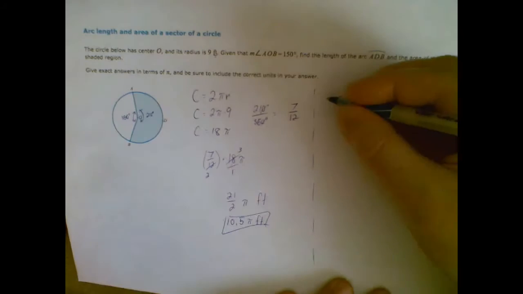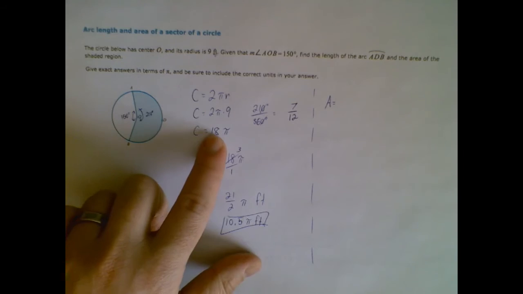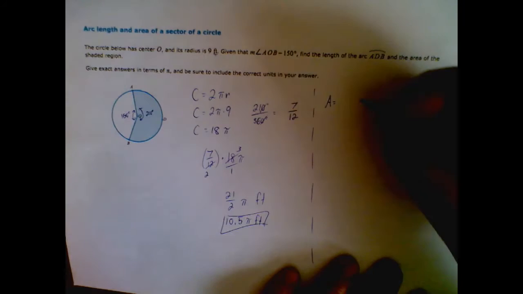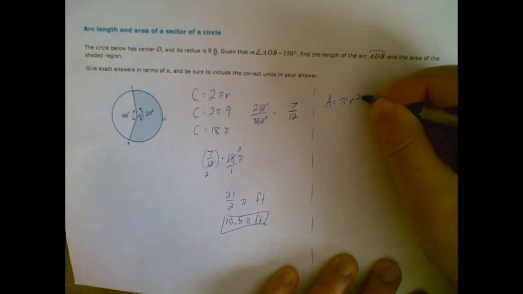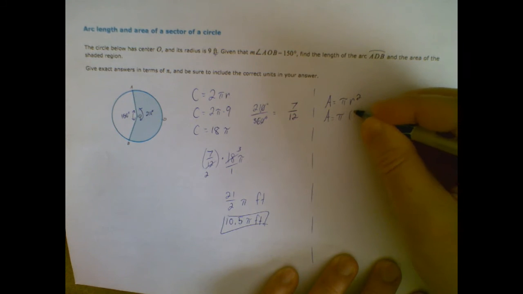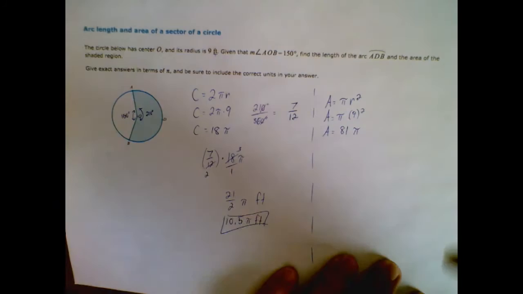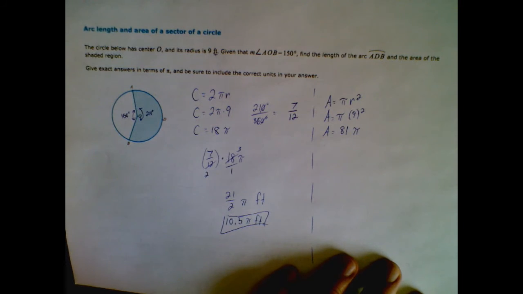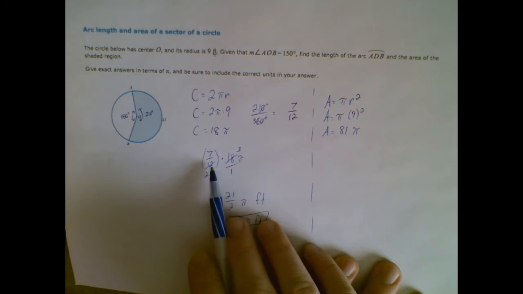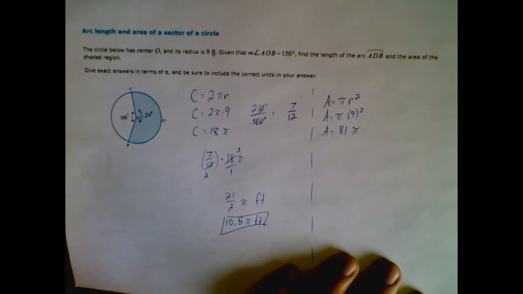To find the area of the sector, it's almost the same thing, but I don't want to start with the circumference. I want to start with the area of my circle, which is pi r squared. So pi times 9 squared is 81 pi. But the proportion of the circle I'm using is the same between the arc length and the area encapsulated by it.